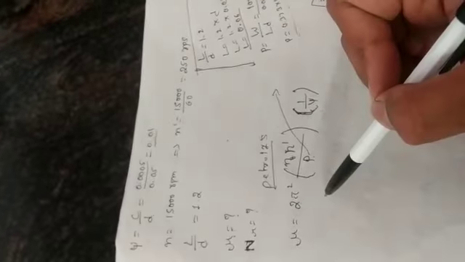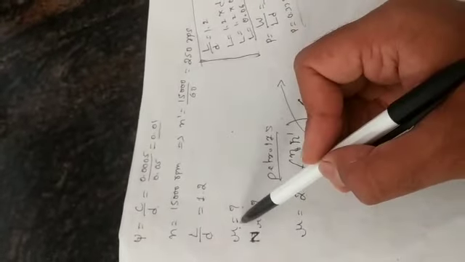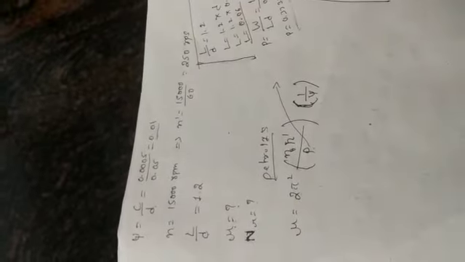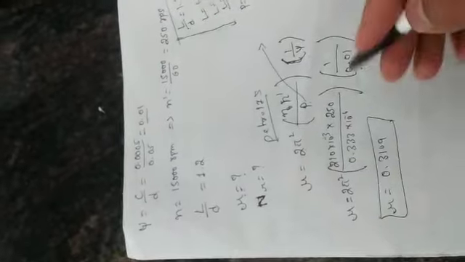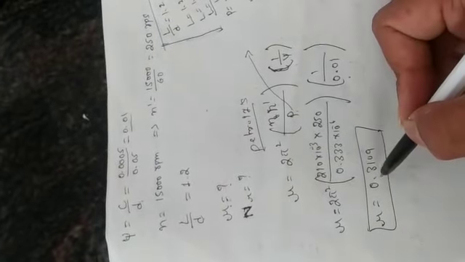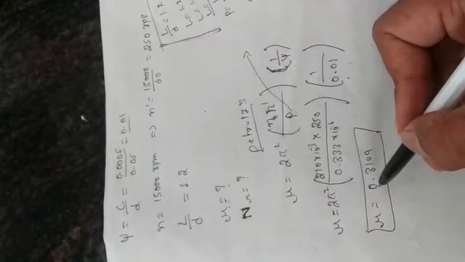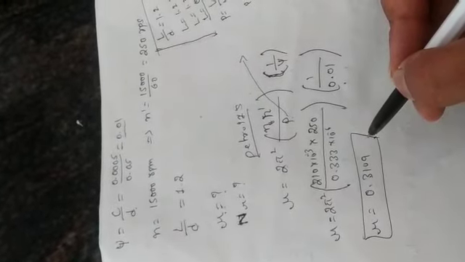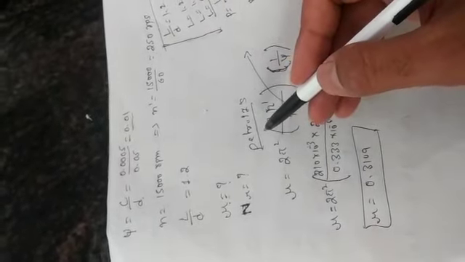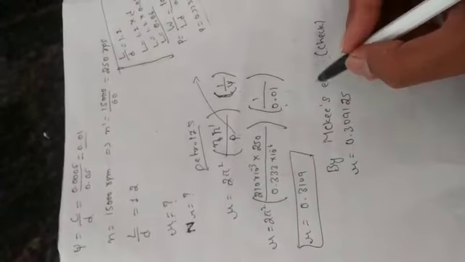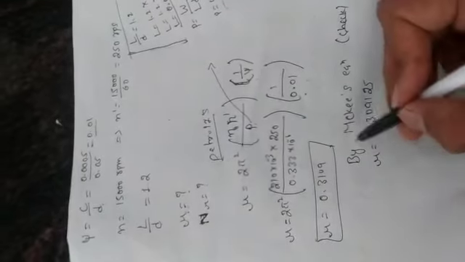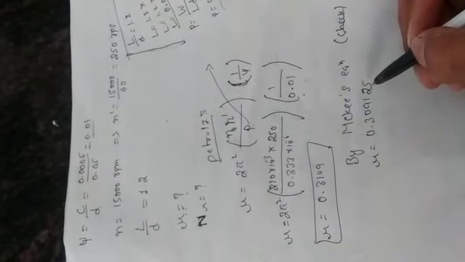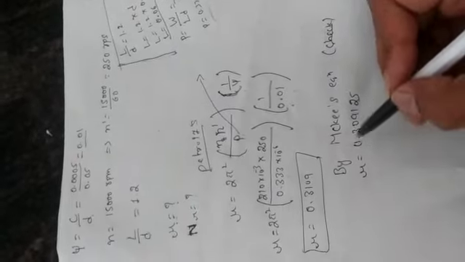Substituting all the parameters into this equation, we get the coefficient of friction mu equal to 0.3109 using the Petroff equation. You can also use McKee's equation, which gives 0.309125, not much difference. Almost mu is equal to 0.3.